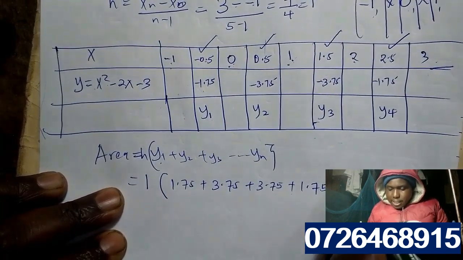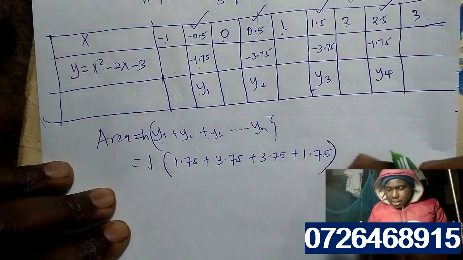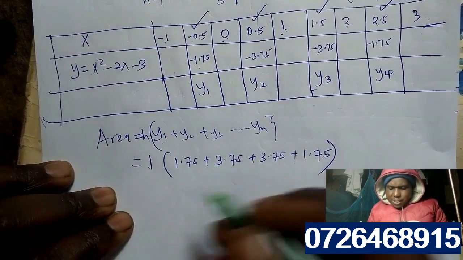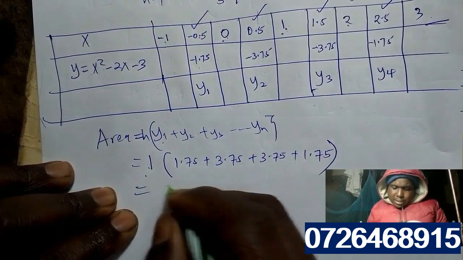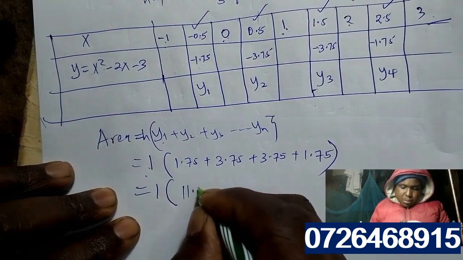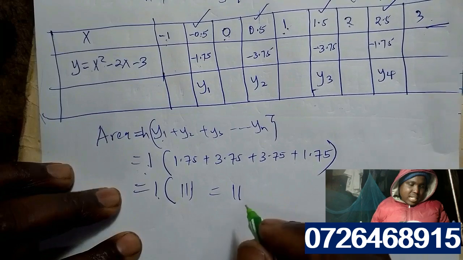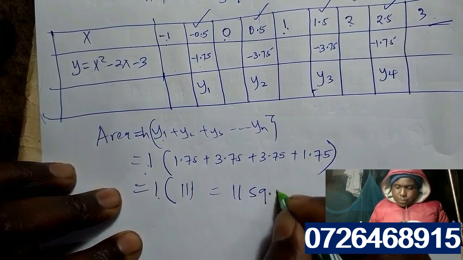Now 1 times anything that is in a bracket is whatever is in the bracket. So 1 into the total, which is 11. So 1 times 11, the answer is 11 square units.